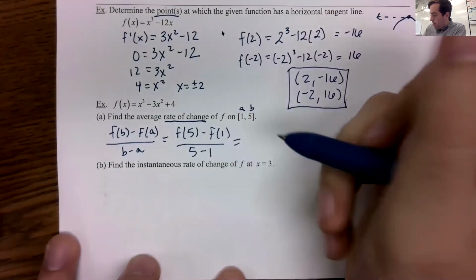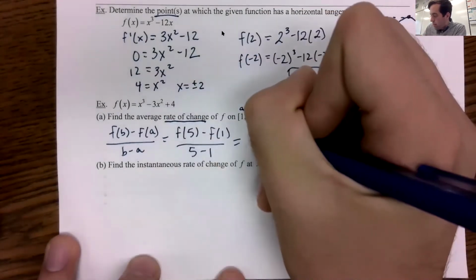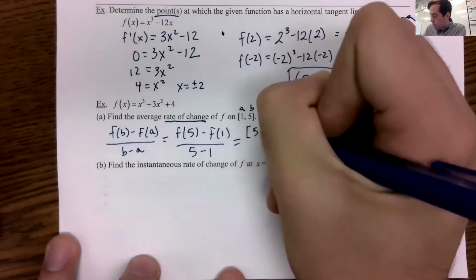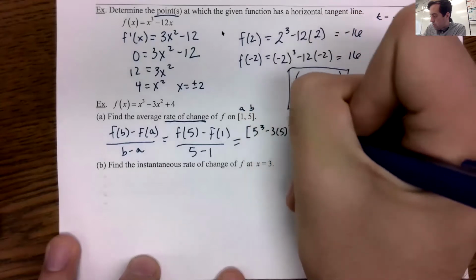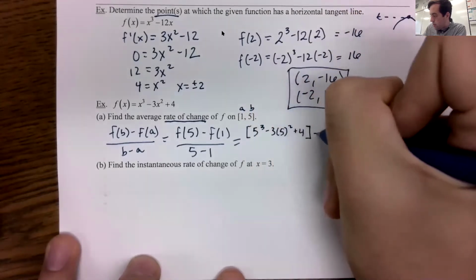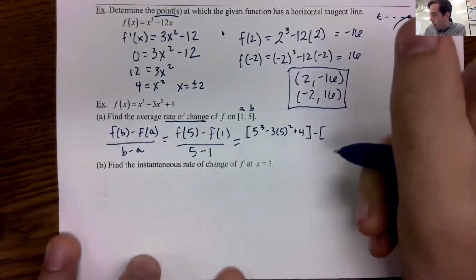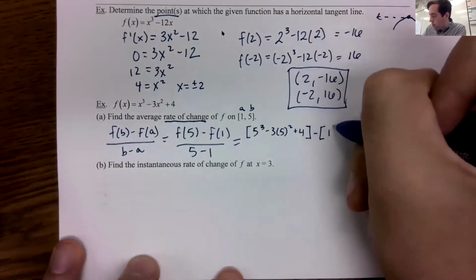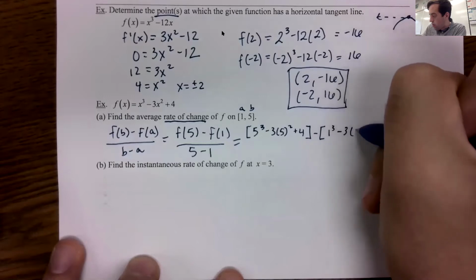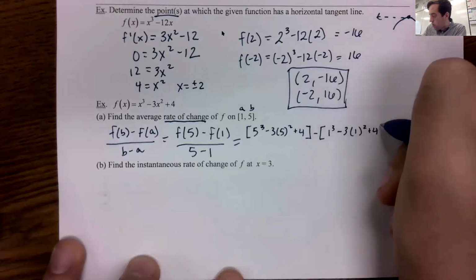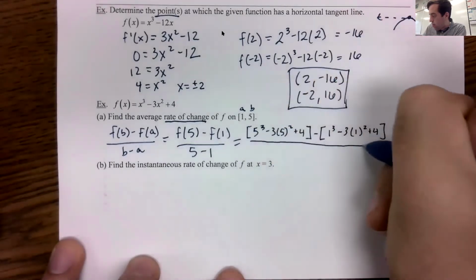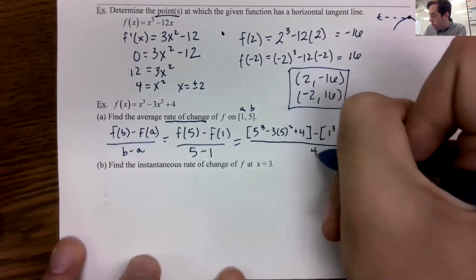Okay, so f of 5, so I'm plugging 5 in for x. And then I'm plugging 1 in for x for the second part. And on the bottom, I have 5 minus 1, so it's going to be 4.